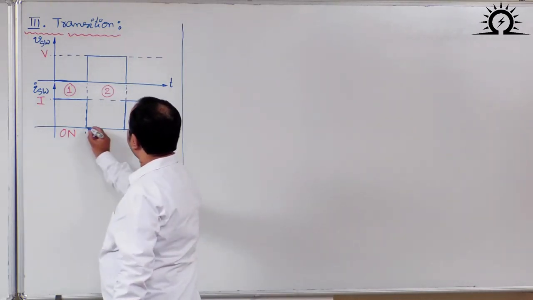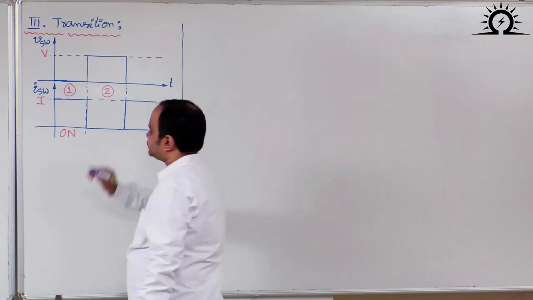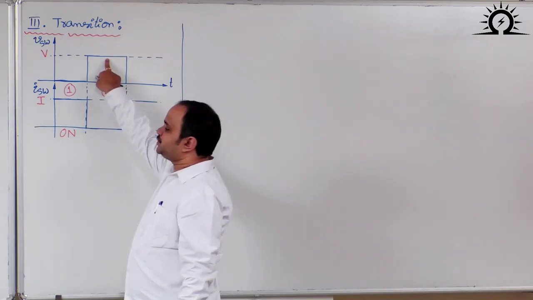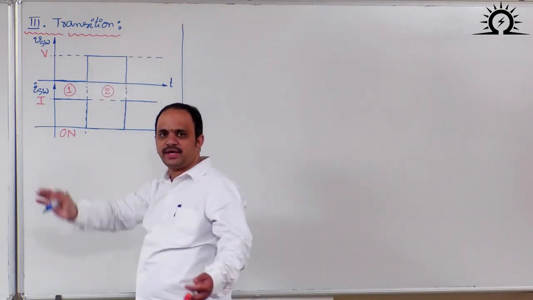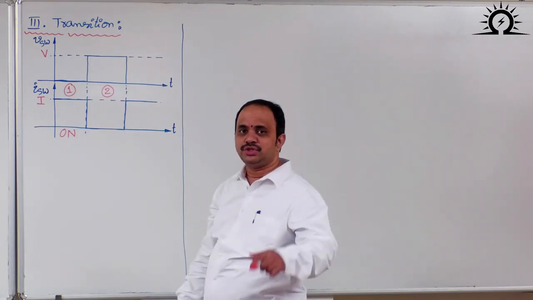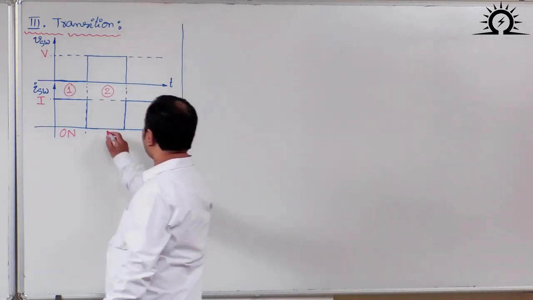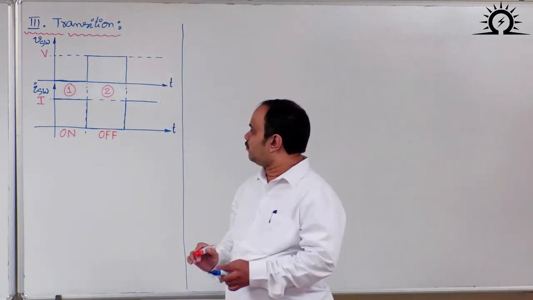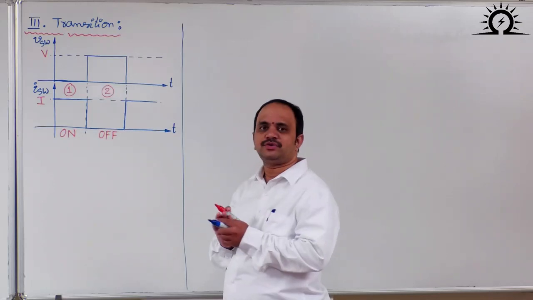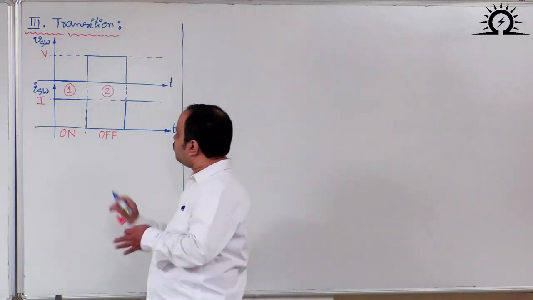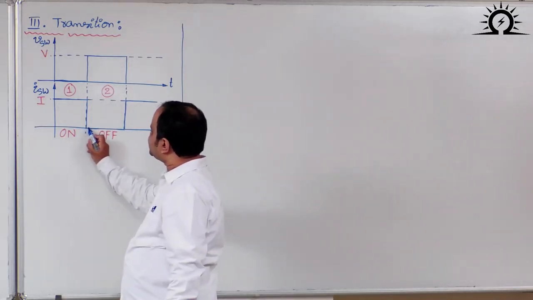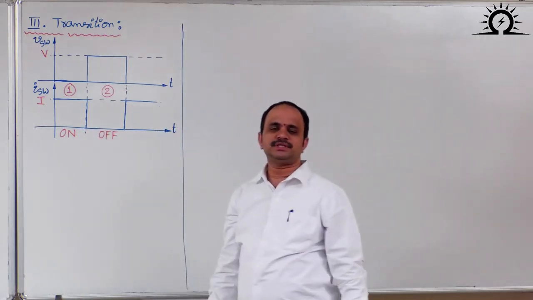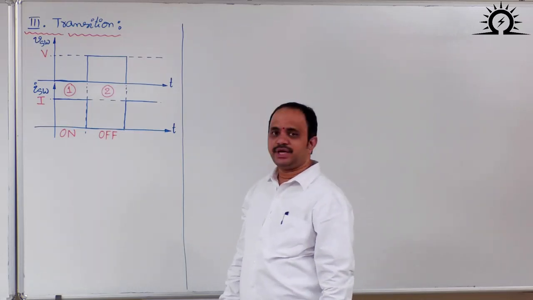Second state, current flowing through the switch is equal to 0 and the voltage across the switch is some finite value. If the current is 0, as we said, that is off state. Now what we need to understand from this waveform is how much time the switch is taking to change its state.